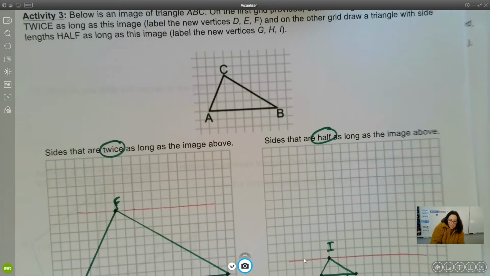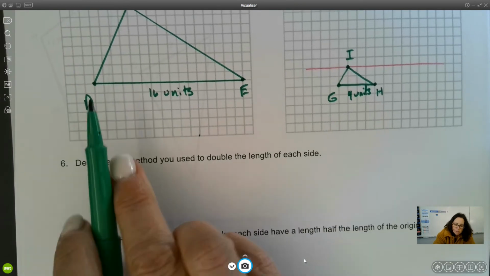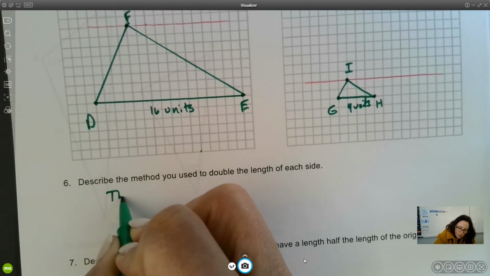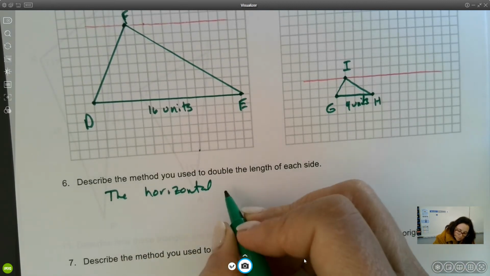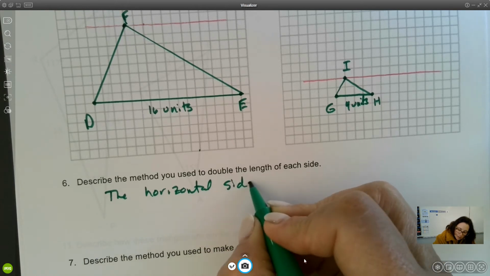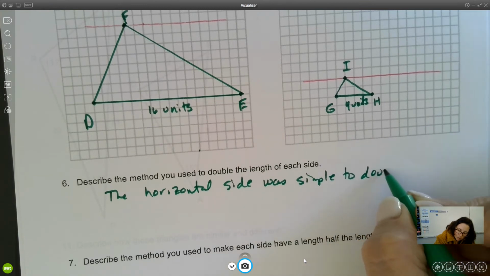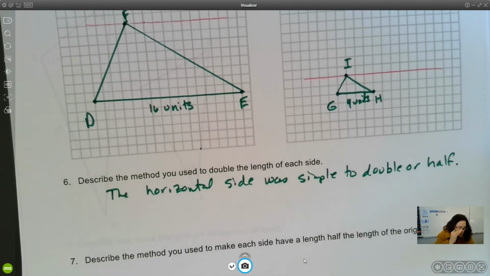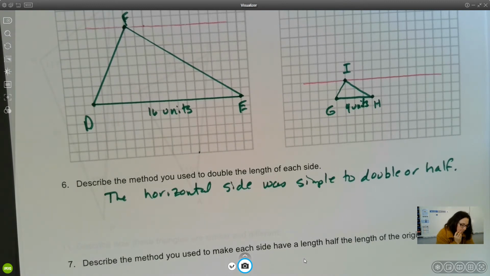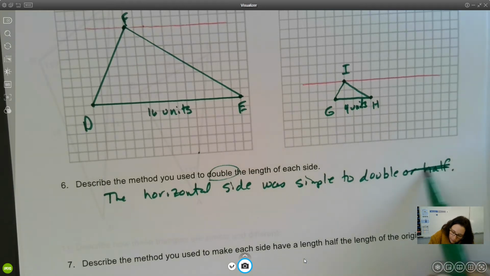All right, describe the method I used. The horizontal side was simple to double, or half. Oh, this is just the double one. Sorry, guys. The half one will be down there.